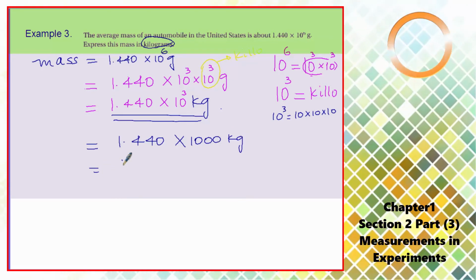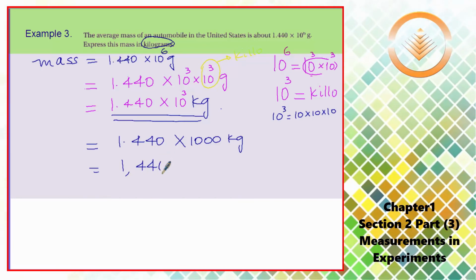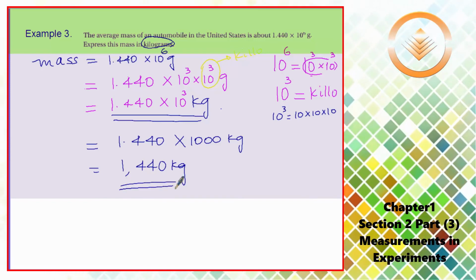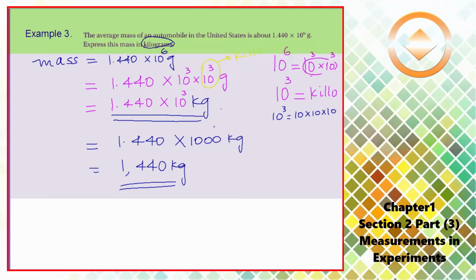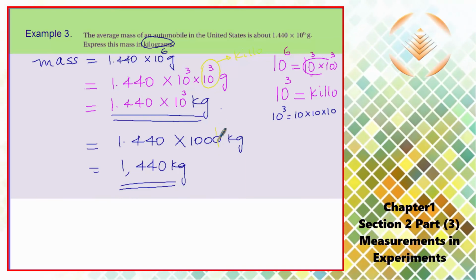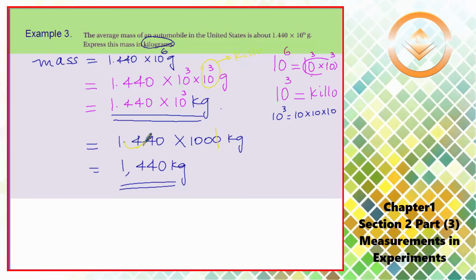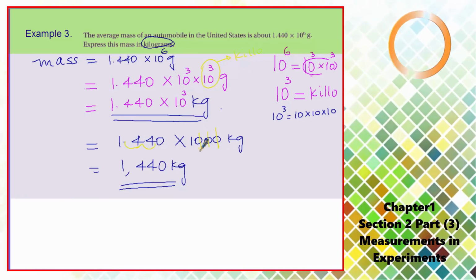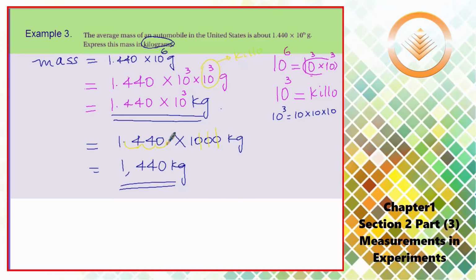So this will be 1440 kilogram. This is the mass of the automobile. Whenever you cancel a 10, the decimal point will move forward by 1 digit. When you cancel this one, it will be here. When you cancel this 0, it will be here. This is the mass of the automobile.